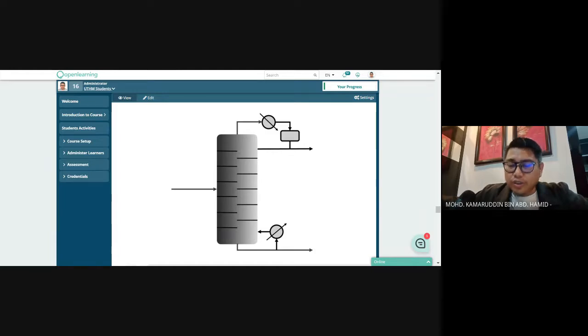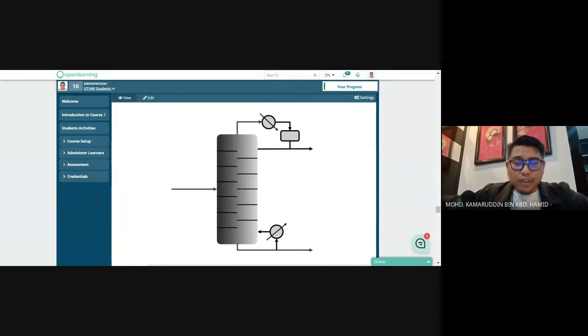Then you also cannot use a reboiled absorber. Selalunya kalau you ada higher chain of hydrocarbon, dalam realitinya you akan pakai furnace to break it up into smaller chain of hydrocarbon. Tapi kalau high chain, you nak pakai steam, you nak pakai reboiler, it's impossible for you.